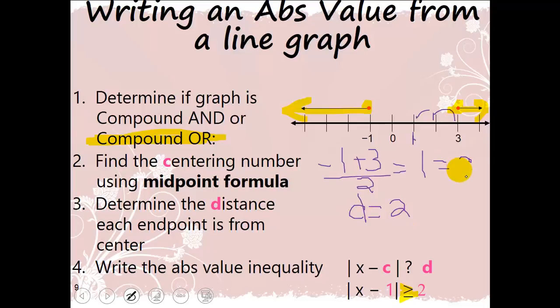This is C. And then we plug it into the standard equation. Absolute value of x minus c. Well, c is 1, so it's x minus 1. It's greater than or equal to because we can tell the branches are going off in opposite directions, and it's greater than the distance 2. So |x minus 1| is greater than or equal to 2.